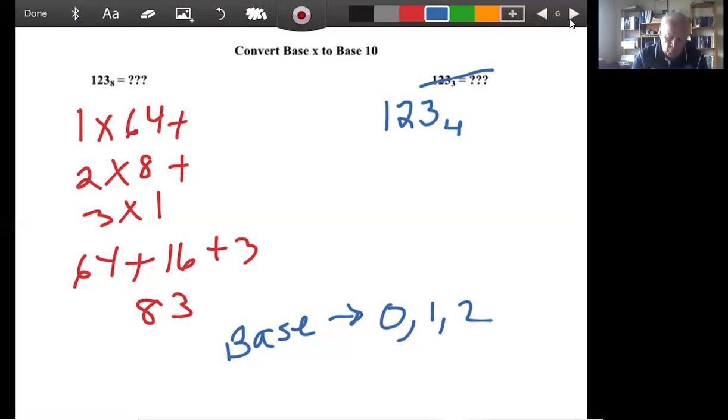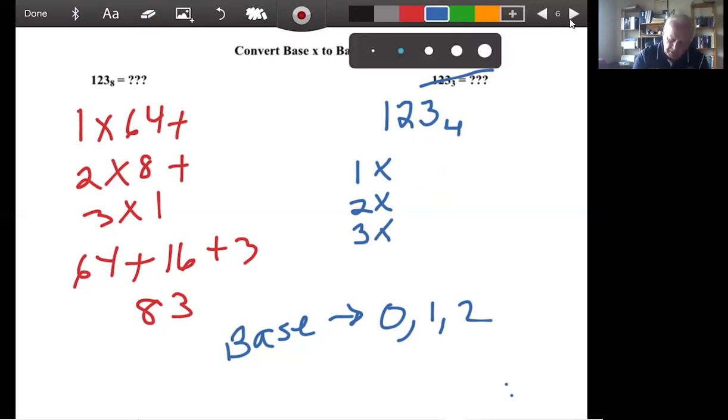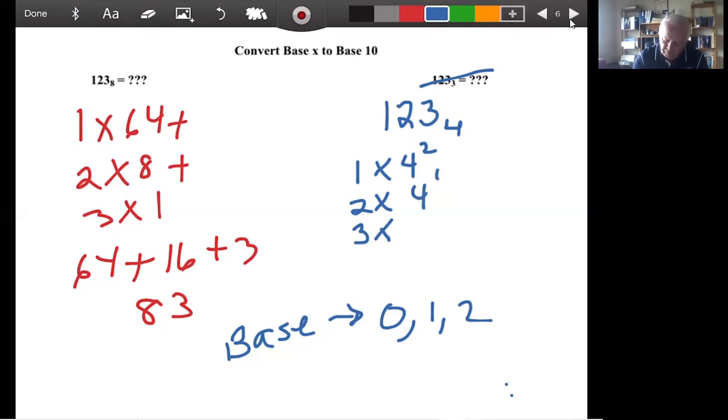So we have 1 times 4 to the 2nd power, 2 times 4 to the 1st power, and 3 times 4 to the 0 power.